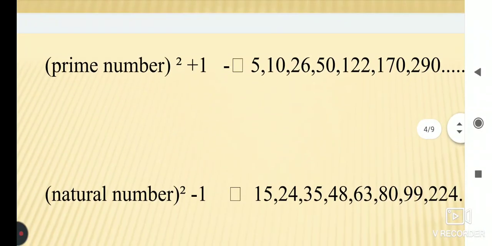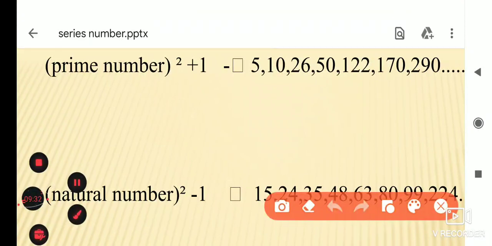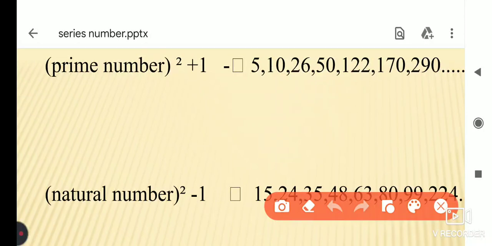Okay, the next pattern is, in the next series, a prime number square plus 1 series. So the first prime number is 2.